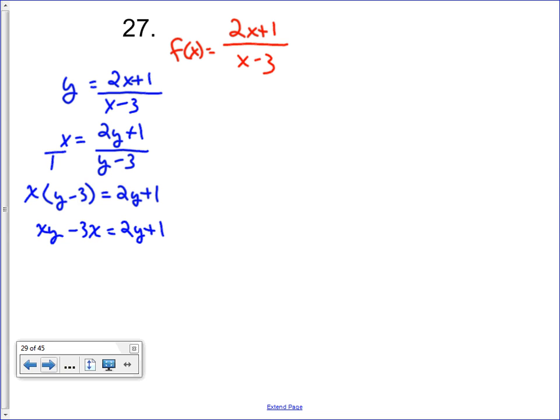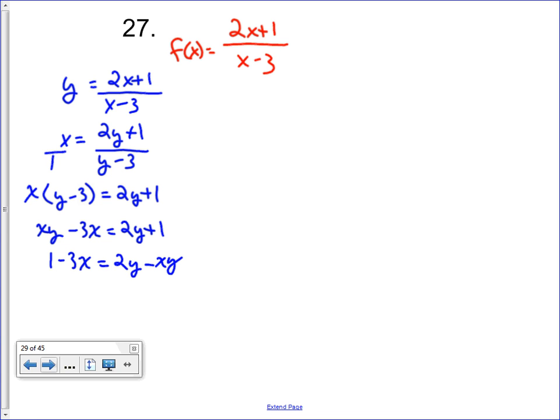What am I doing? I'm solving for what? Solving for y. So I need all my y's together. So I'm going to move this xy term to the other side and bring that 1 to the left. So I have 1 minus 3x equals 2y minus xy.